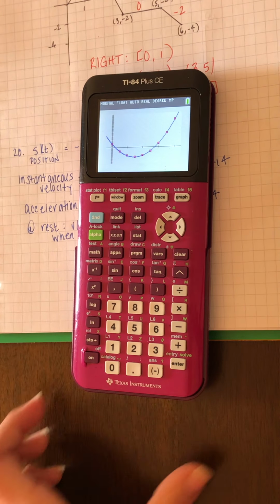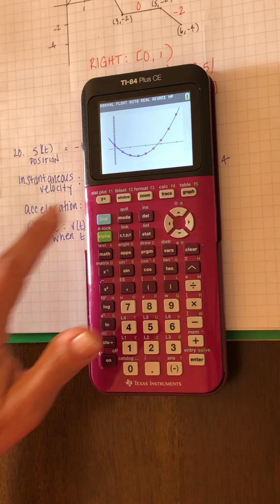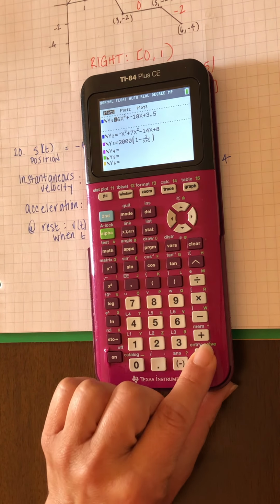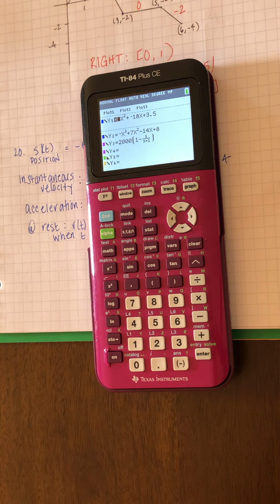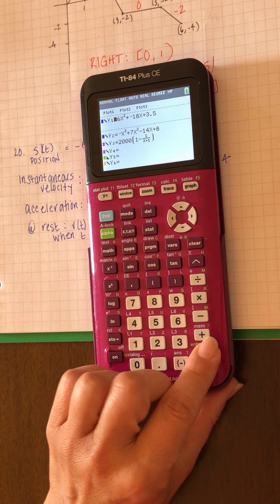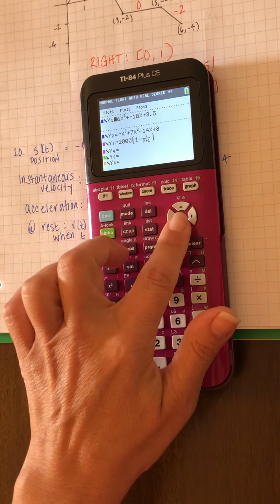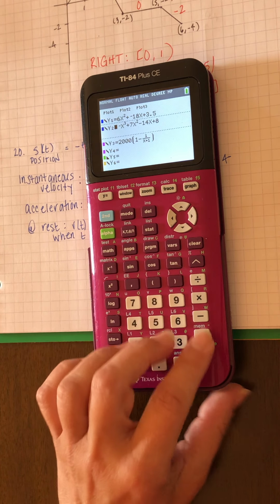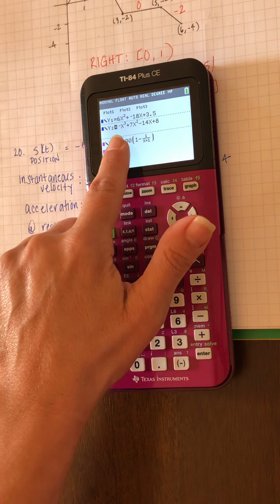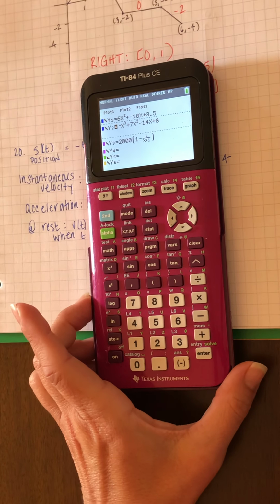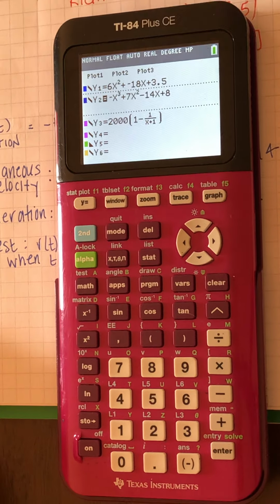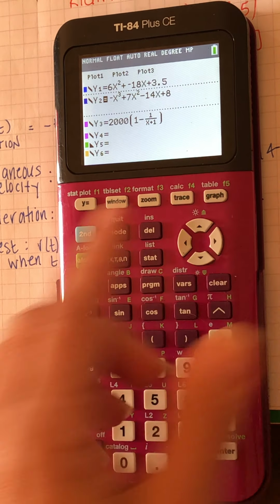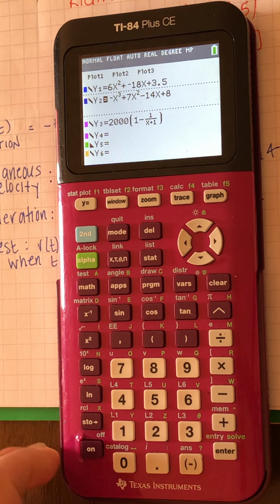This is where I'm at from the previous problem, whatever number it was. Turn off your stat plot. I would not delete the equations that you have in there, just turn them off. And then I'm gonna turn on the equation, negative x cubed plus 7x squared minus 14x plus 8. And the third equation I'll get to in the next example.